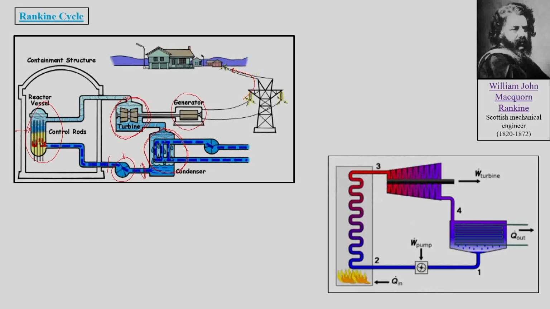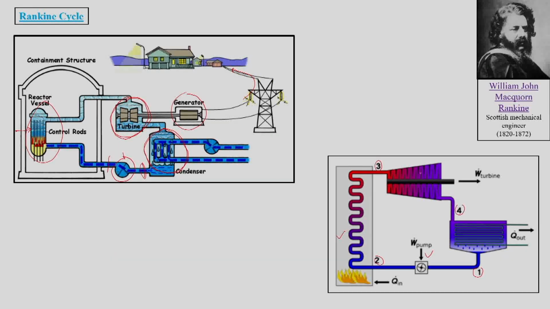So this is the general representation of the Rankine cycle, where process 1 to 2 is through the pump, which raises the pressure of water. Process 2 to 3 is in the steam generator or boiler, which supports constant pressure heat addition.